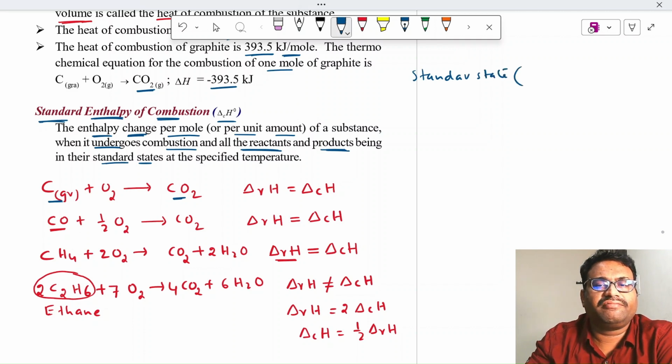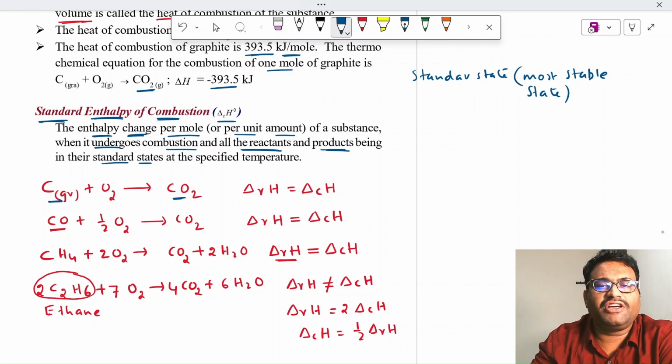Standard state means most stable state is called as a standard state.